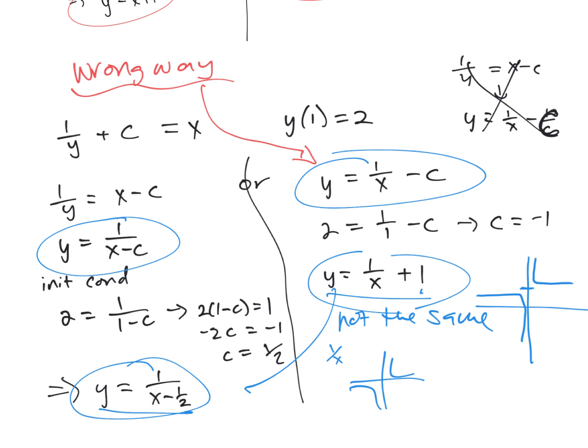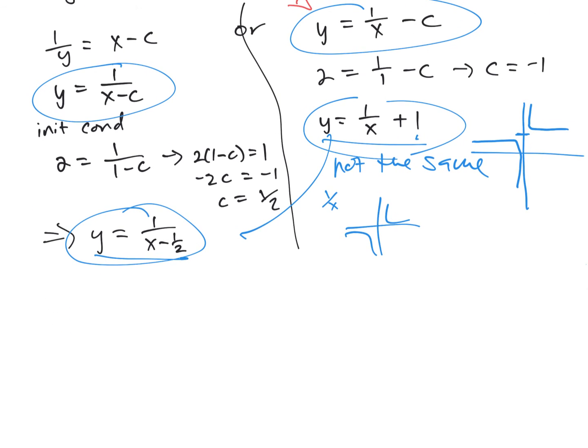So this is 1 over x plus 1, and this is 1 over x minus 1/2. So at 1/2, we shift it over here, something like that. So you can see they're not the same is the point.